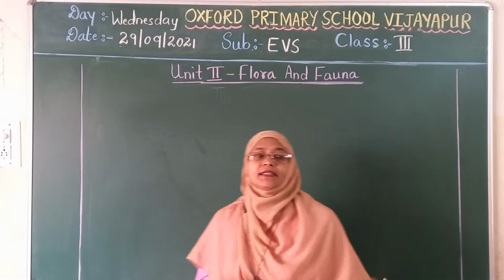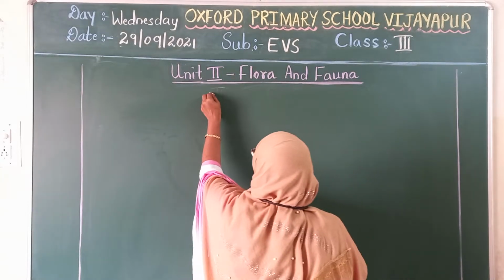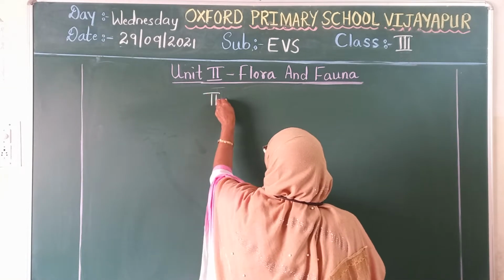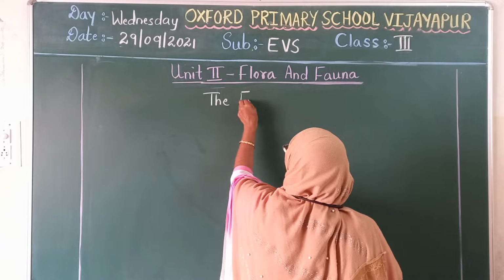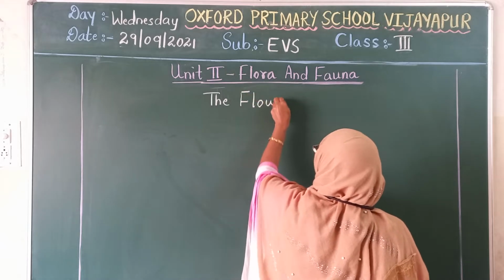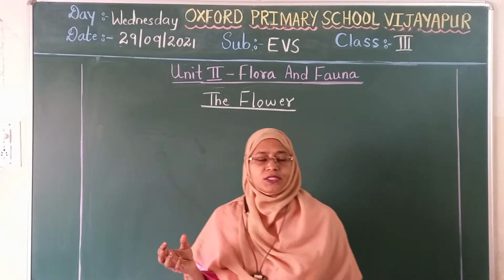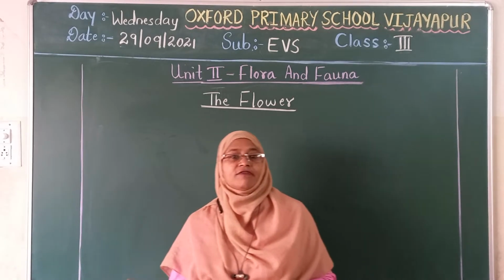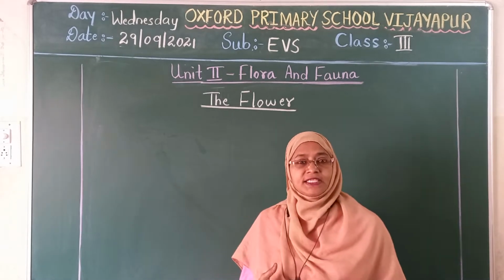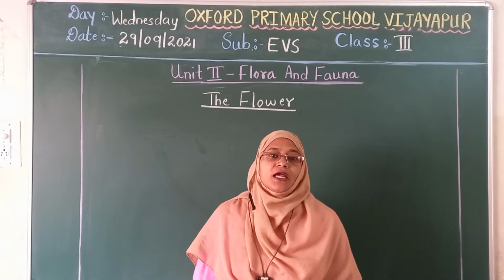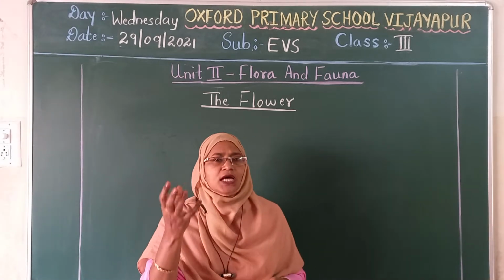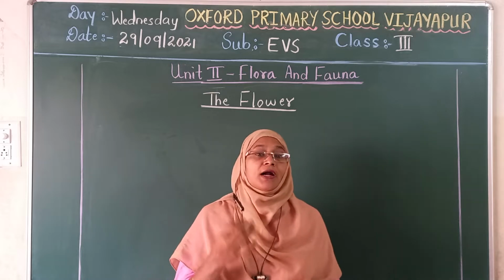Okay, now let us start the new one, that is the flower, the part of a plant. Now children, flower you know now? Rose, lily, lotus, sunflower, marigold, aster, they are flowers. It is the most attractive and beautiful part of a plant.